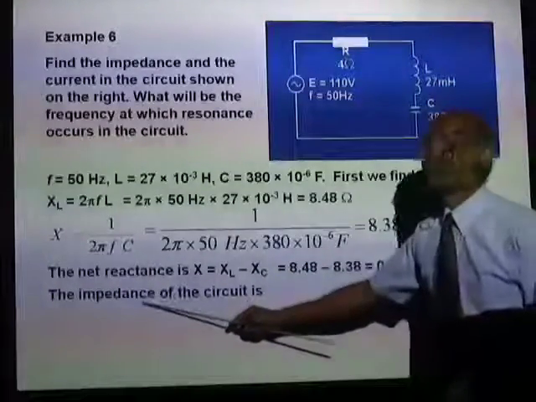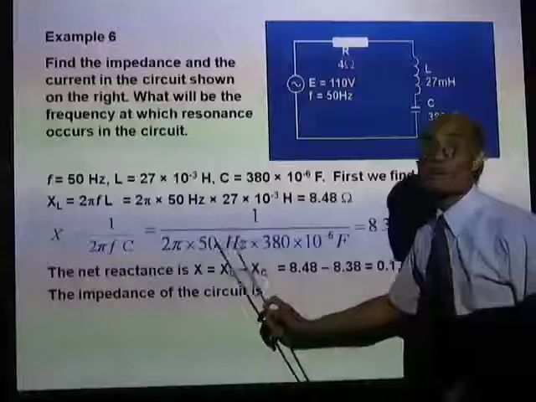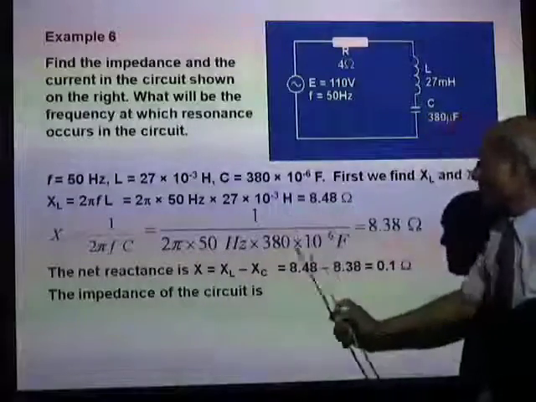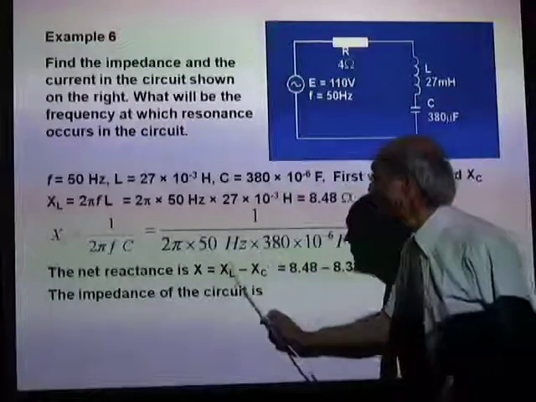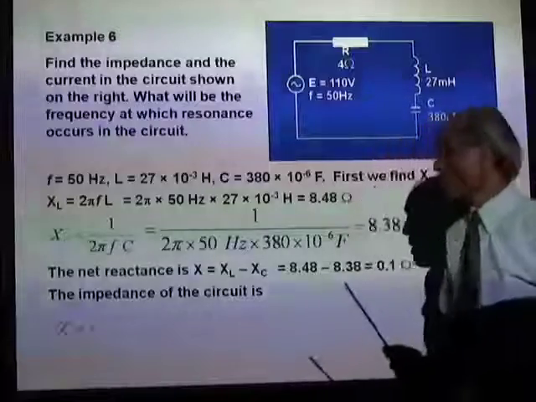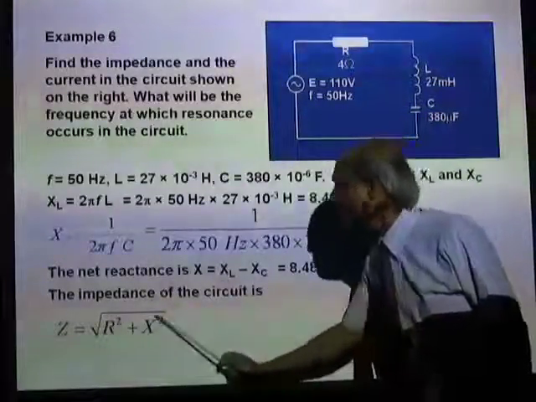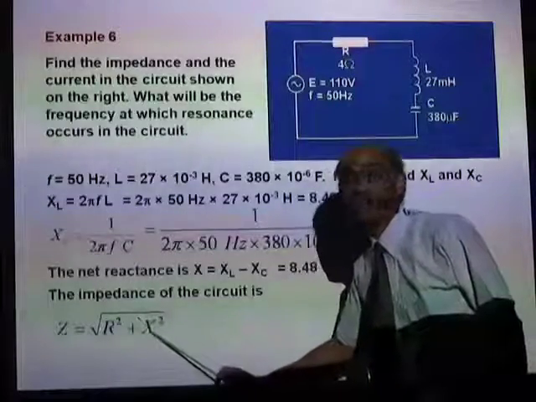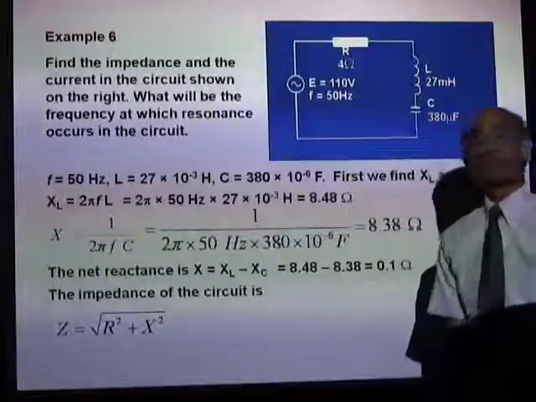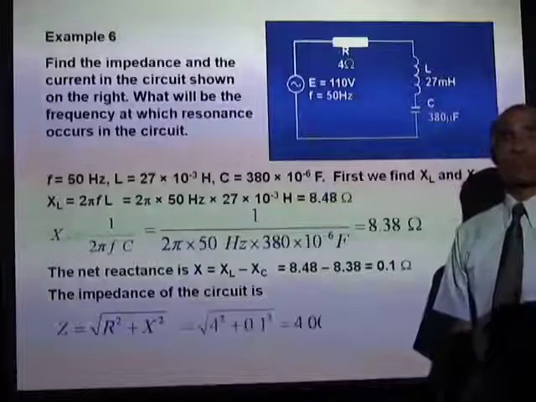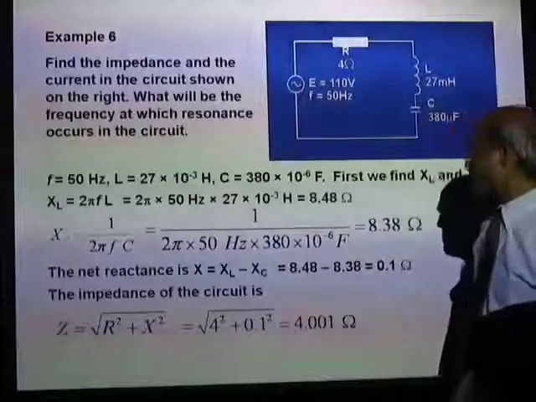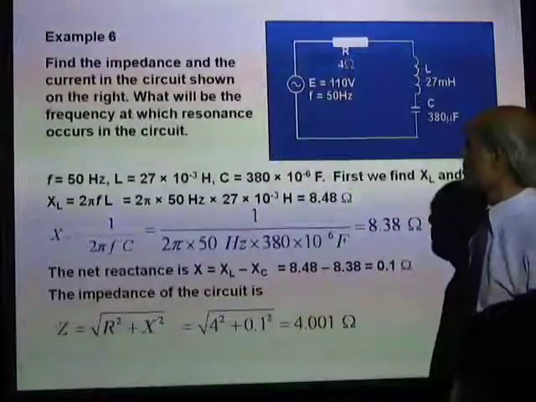So what's the impedance? The impedance is the square root of R squared plus XL minus XC squared. I'm going to use XL minus XC, the net reactance. So Z equals the square root of R squared plus X squared, and that's equal to 4.0010 ohm.